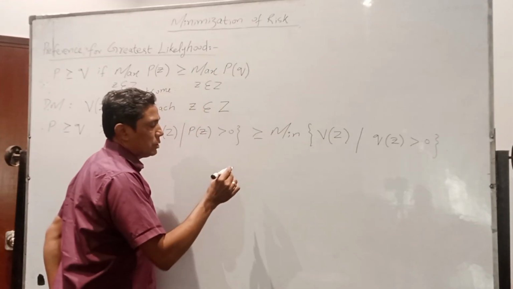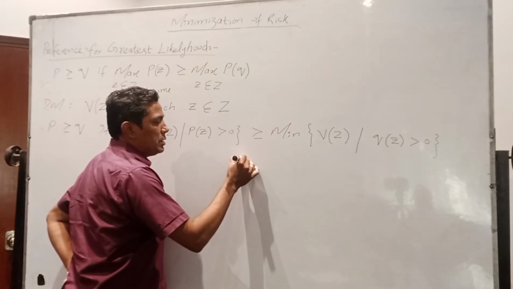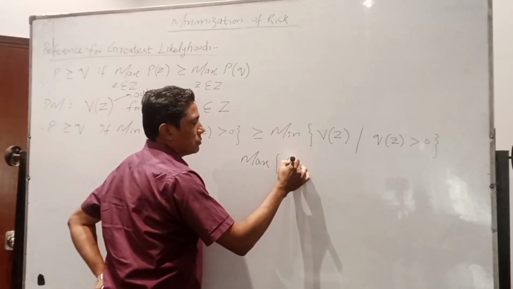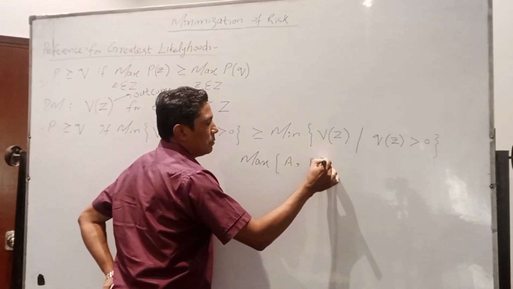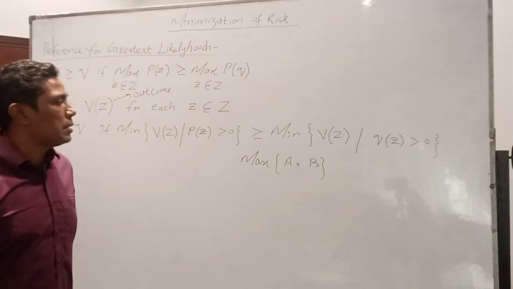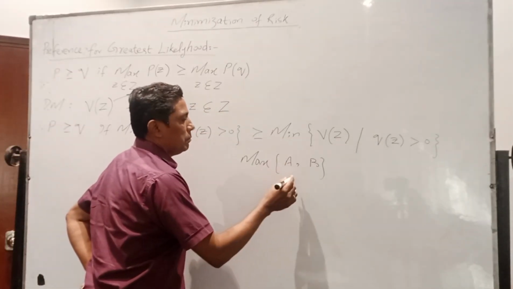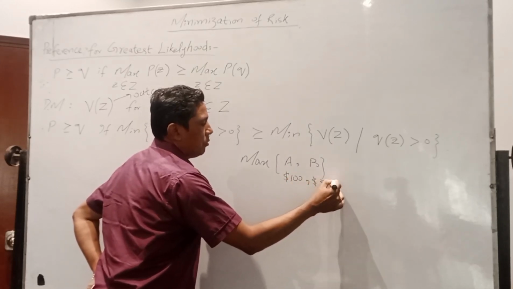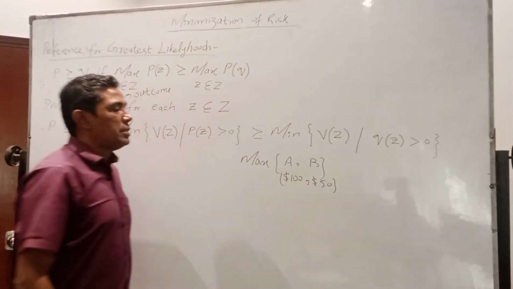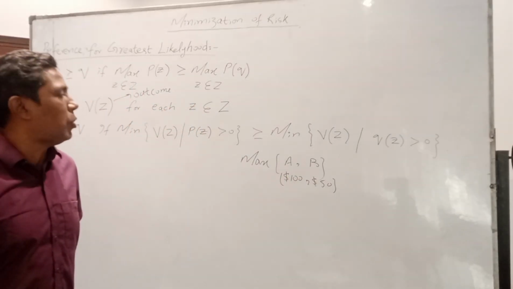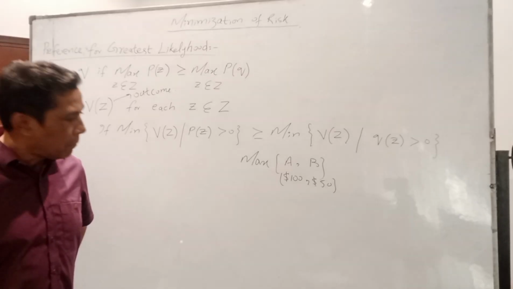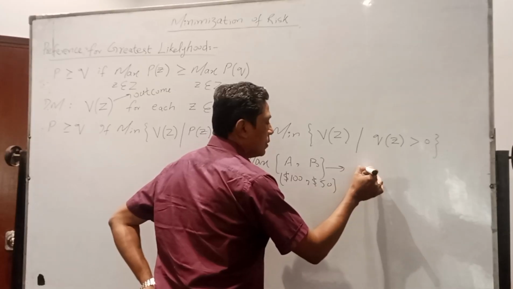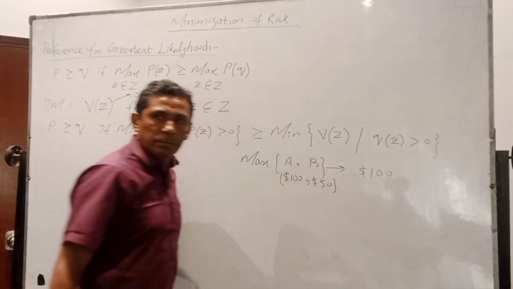There are two terms. For example, when we say max of A and B, what does it mean? Which value is maximum? For example, it is 100 and it is 50. Max of A and B is $100.